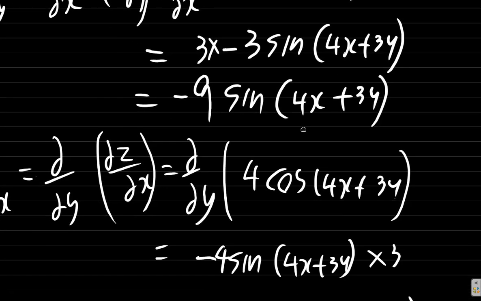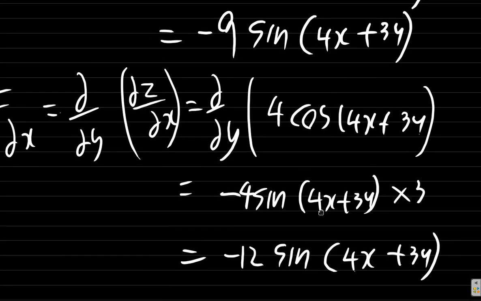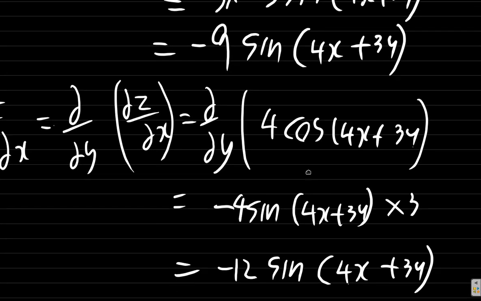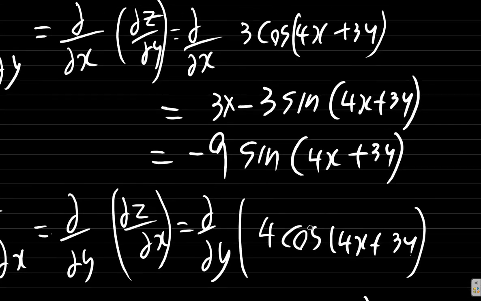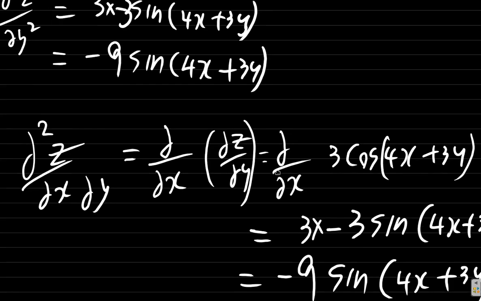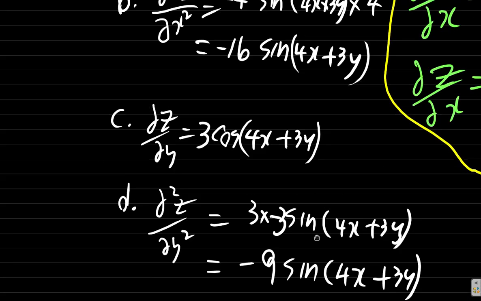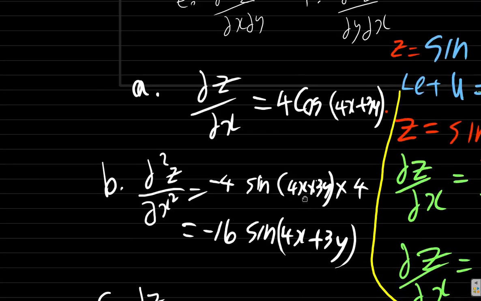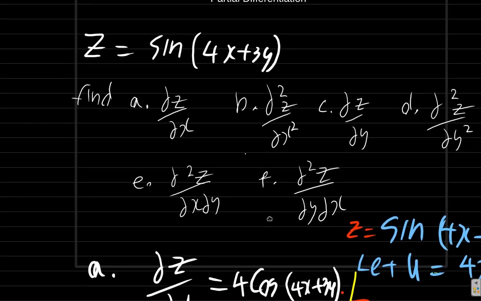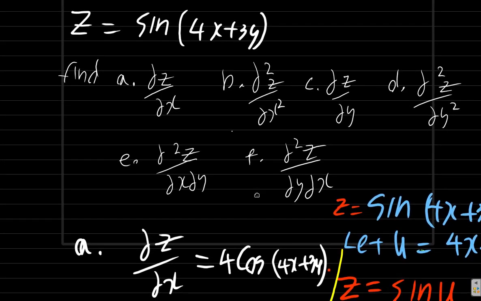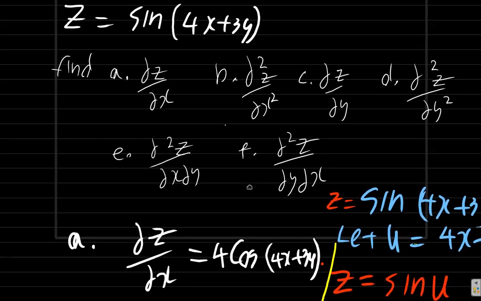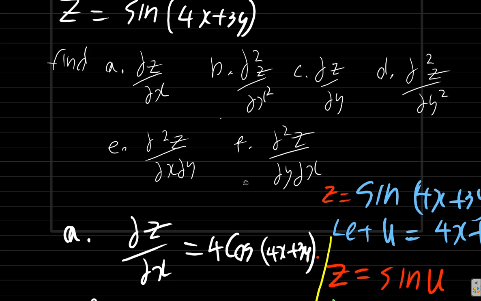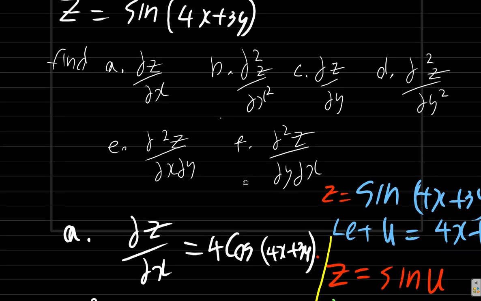So here, did we make a mistake here? Let me see something. When we find del z by del x, we got 4 cos 4x plus 3y.